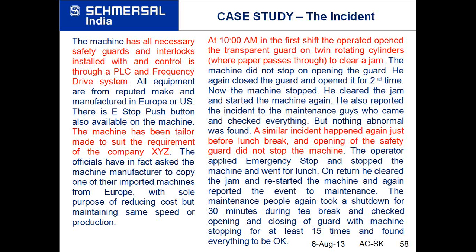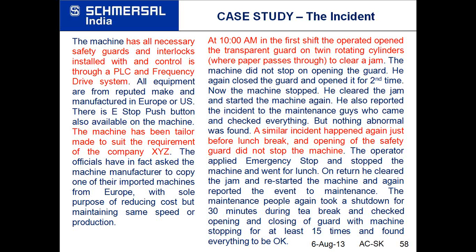The maintenance people came, took a shutdown for 30 minutes during tea break, and checked opening and closing of the guard with the machine stopping at least 12 to 15 times, and found everything to be okay.